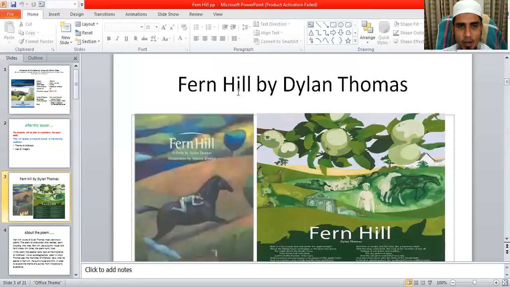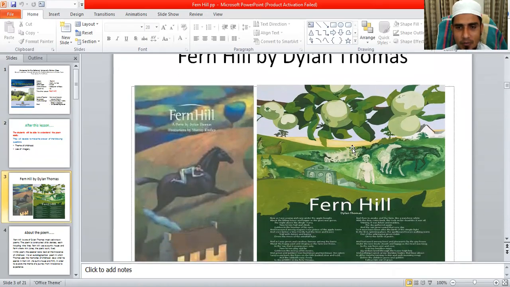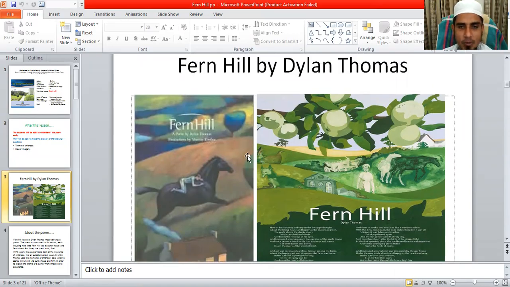The name of the poem is Fern Hill by Dylan Thomas. This is a very important poem. Here you can find a picture. Fern Hill is the name of a house, or a farm related with the house. It is the poet's aunt's house.